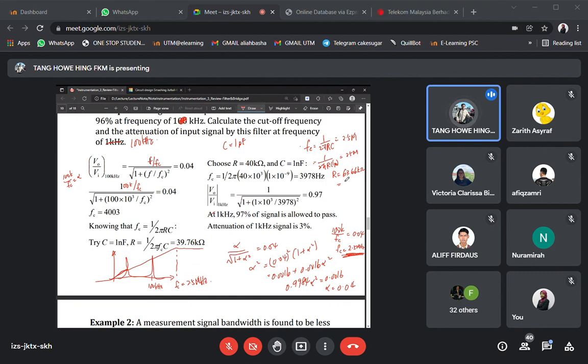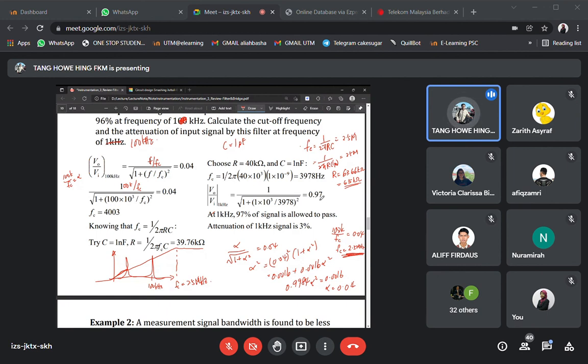I'll just use a standard component. Let's say 64 kilo ohm. No, okay, 65 kilo ohm. Right, so I'll just use a standard component of 65 kilo ohm.